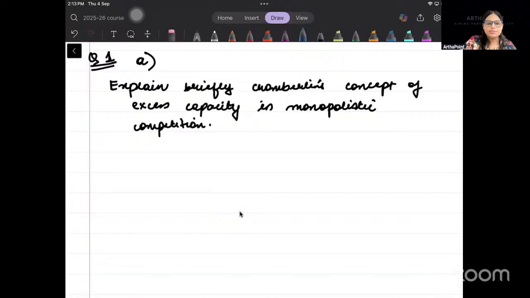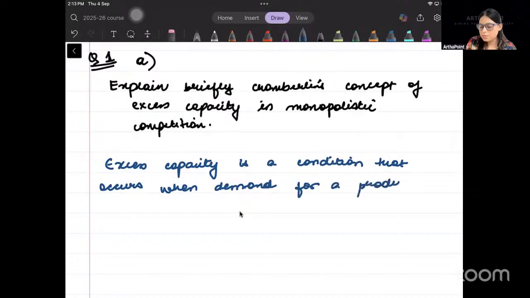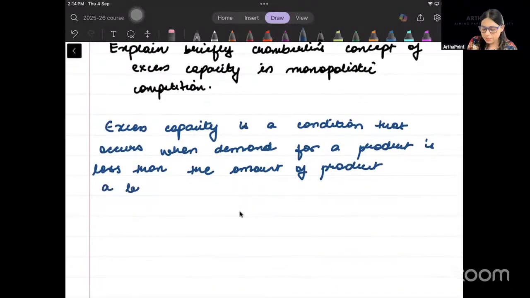Excess capacity is a condition that occurs when demand for a product is less than the amount of product a business could potentially supply in the market.